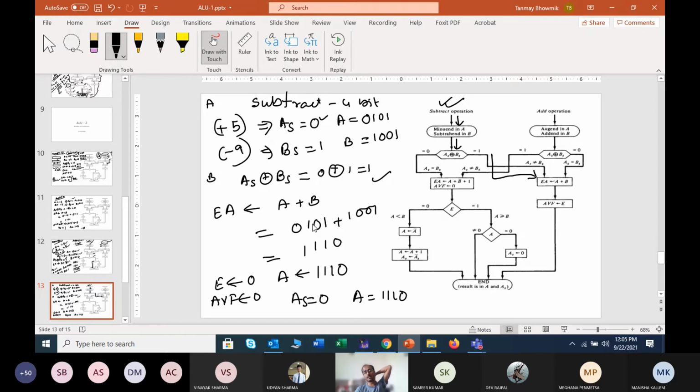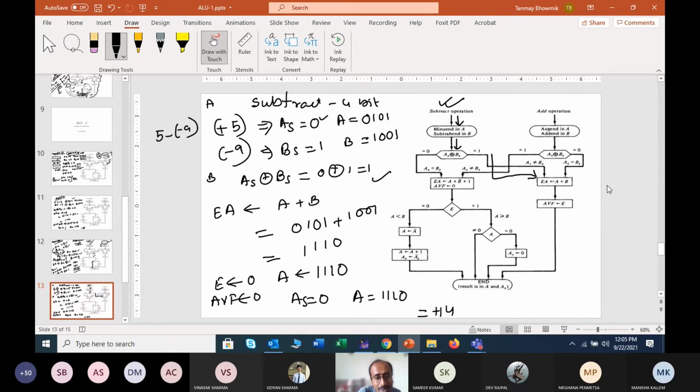Now if you do it manually, plus 5 minus 9, actually you are doing 5 minus 9. So it is clearly 5 plus 9, 14. So the final result is plus 14. Right, so we started from this zone, we separated the sign, came into this zone and did our operation.